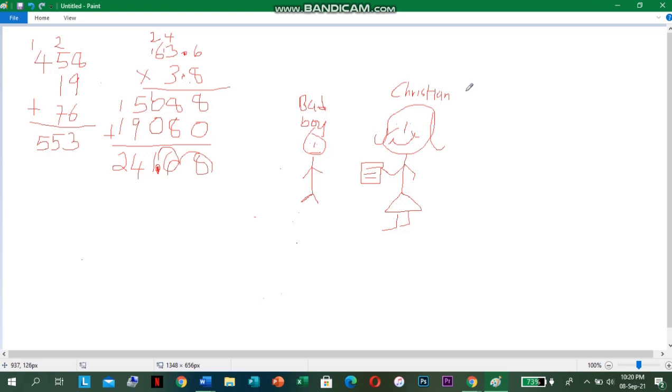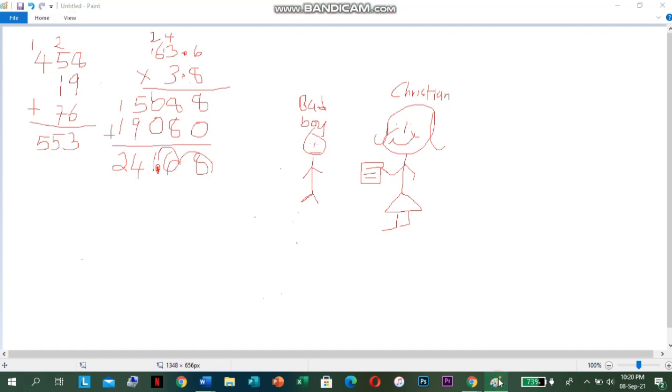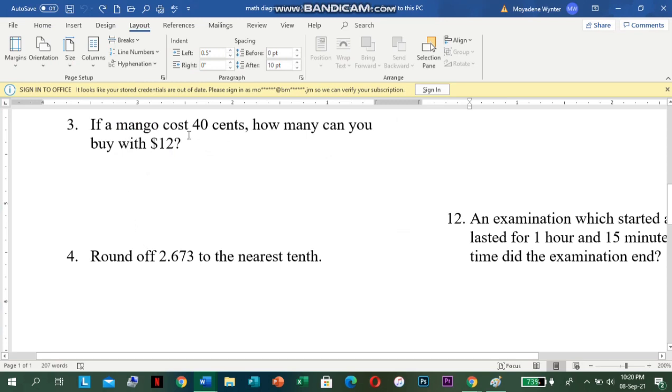All right? So it's the same thing with the maths here. We are going to convert the dollar, the $12, into cents. All right.